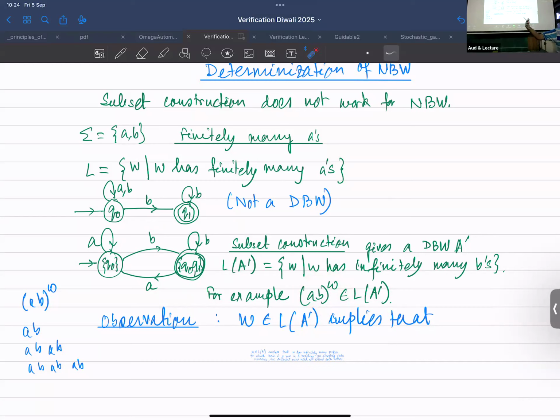Clear? So the runs don't extend each other. So you have infinitely many prefixes such that if you read those prefixes on this automaton, there should be a run corresponding to that prefix which will end up here, but those runs may not extend each other, right? So I just write that here.